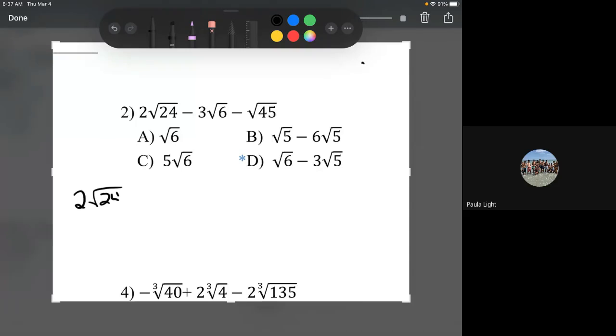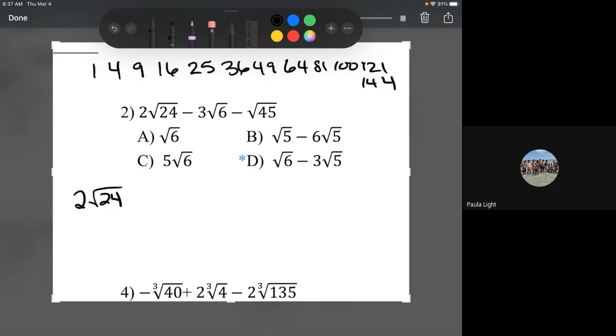Remember, when we're doing this, it's good to list our perfect squares. And also the perfect cubes. Some of the perfect cubes, like 1, 8, 27, keep going down. Okay, so we're going to break apart 24. Do you see any perfect squares up there that will divide into 24? Yeah, you see 4 is a factor of 24.